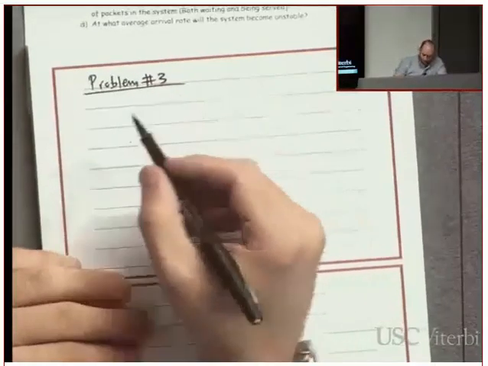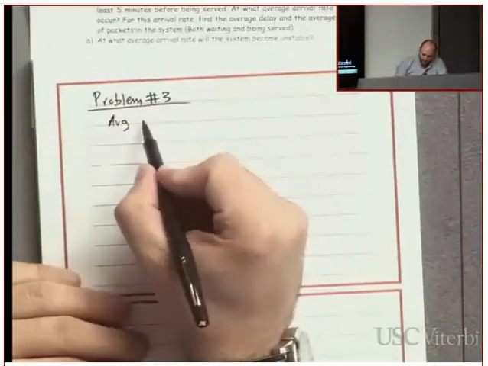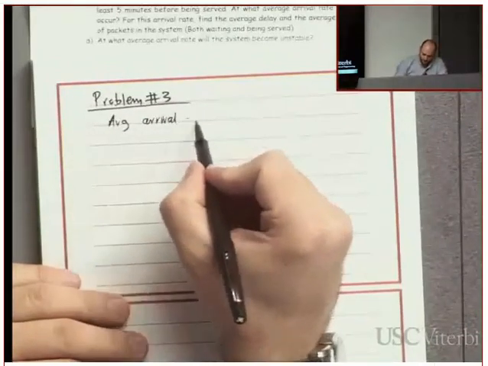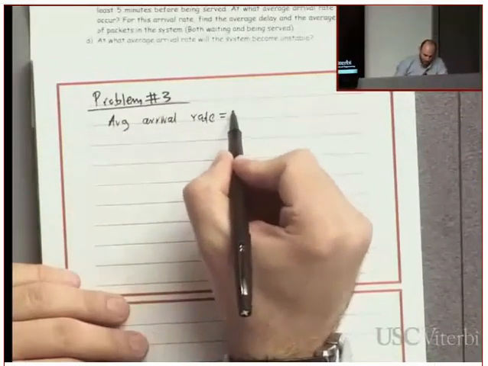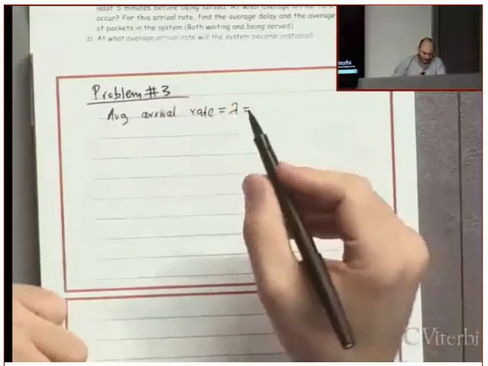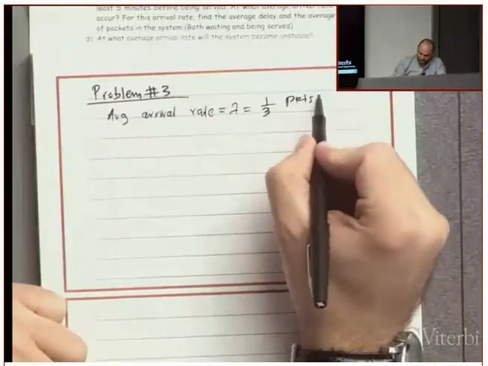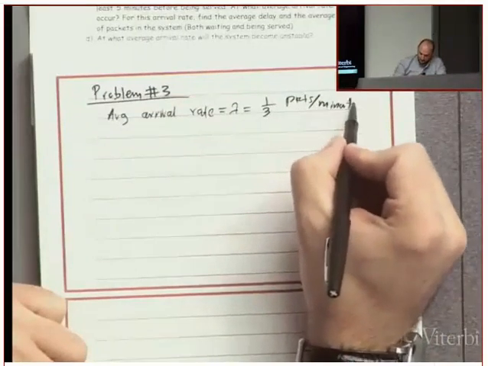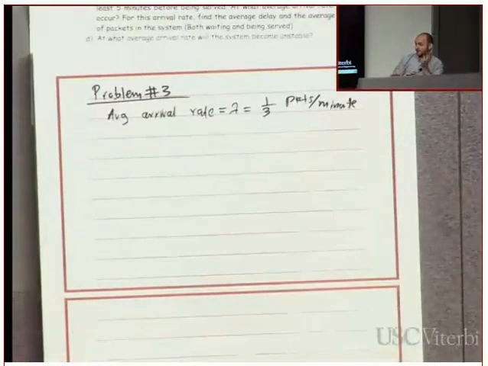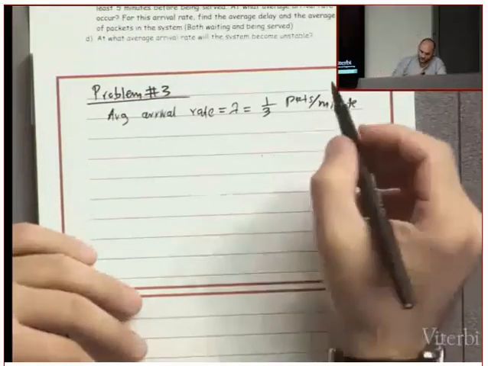So what is the average arrival rate? Lambda equals what? 1 packet every 3 minutes, right? So it's 1/3 packets per minute. The units are very important. It might change if something is expressed in other units, arrival versus departure, so be careful with that.